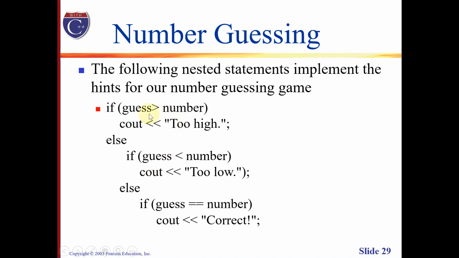As you can see here, we are presented with three possibilities. It's either our guess is too high for the number, or it could be too low for the number, or we guess the right number. Therefore, if we are going to translate the three conditions into an if-else statement, this is how it is going to look like.